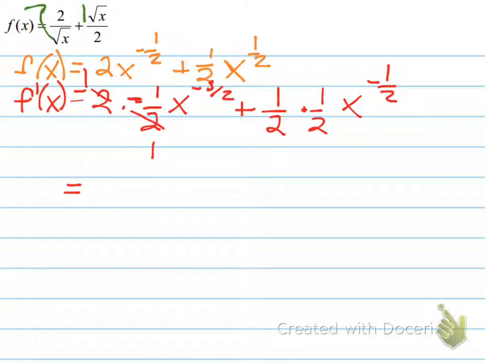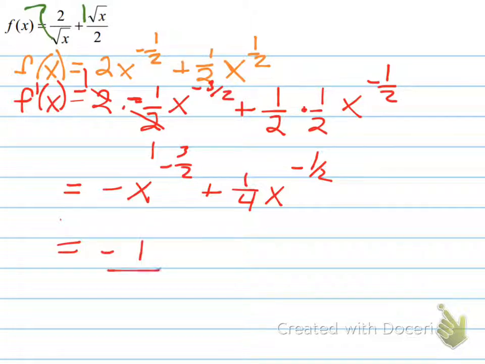So this will be negative x to the negative 3/2 power plus 1/4 x to the negative 1/2 power. Cleaning that up because I don't really want to have negative exponents. This would be negative 1 over x to the power of 3 over 2 plus 1 over 4.